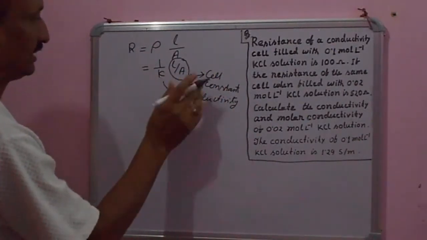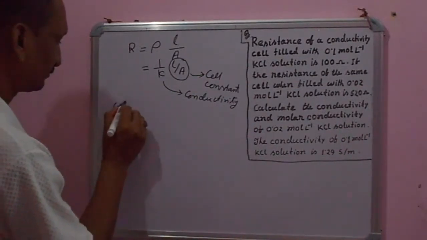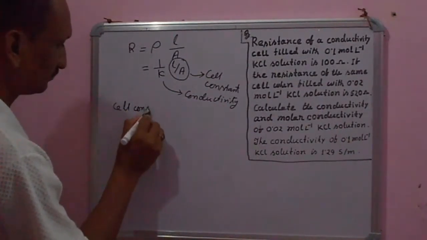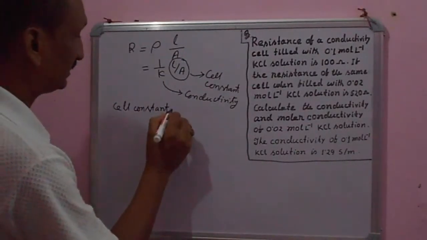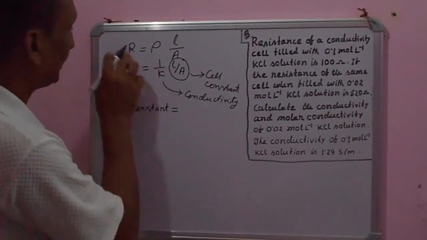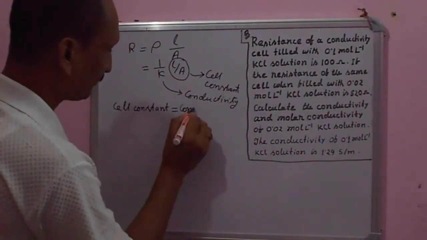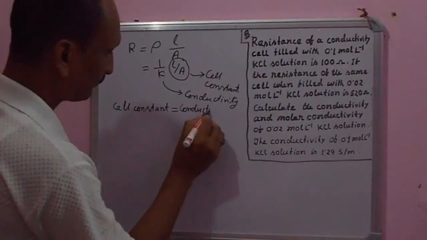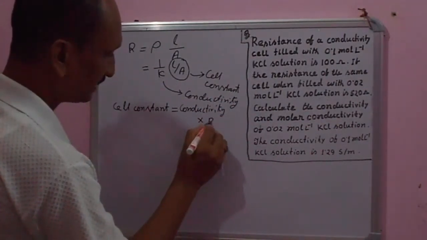How? The cell constant is equal to kappa into R, that means conductivity into resistance.